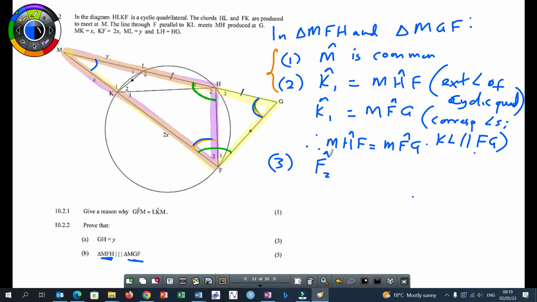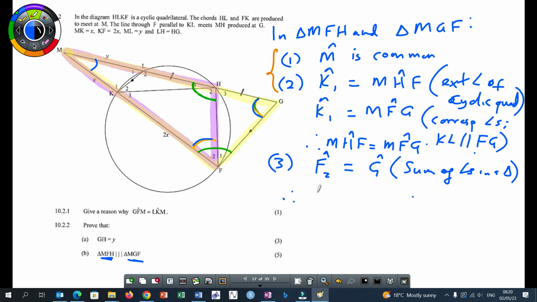Yes. So we have got F2 is equal to angle G, and our reason here will be sum of angles in a triangle. It's very, very difficult to give another reason which is not that one in terms of F2 and G. You could just follow the same pattern that you did.